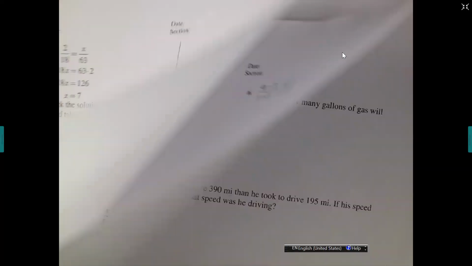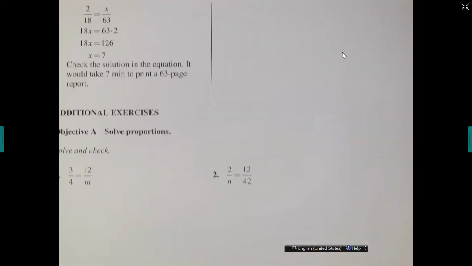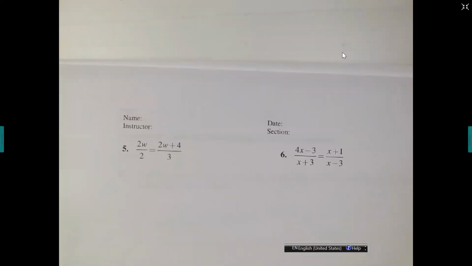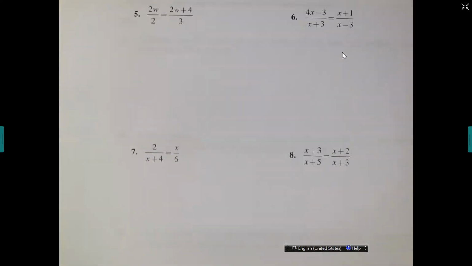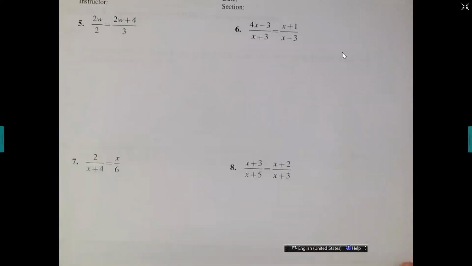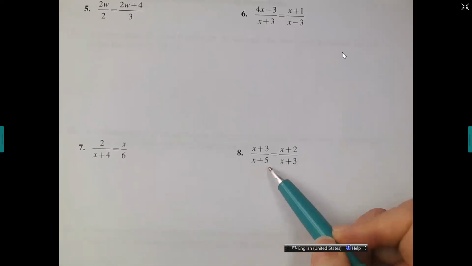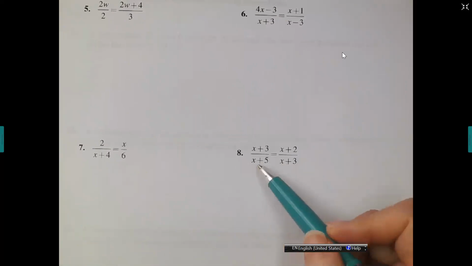Okay, so what I have here, let me check. Let me look for some other. Okay, so let's look at a more complicated equation right here. Number 8. What do we have? We have step 1. We know it's a rational equation, but it is a special rational equation.